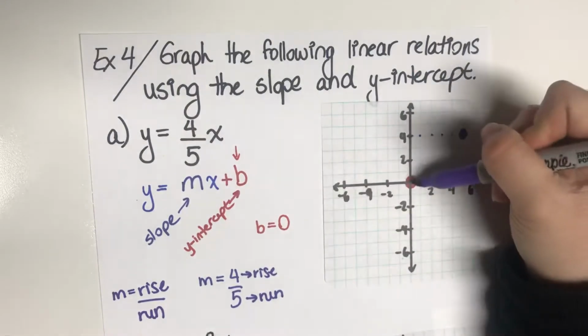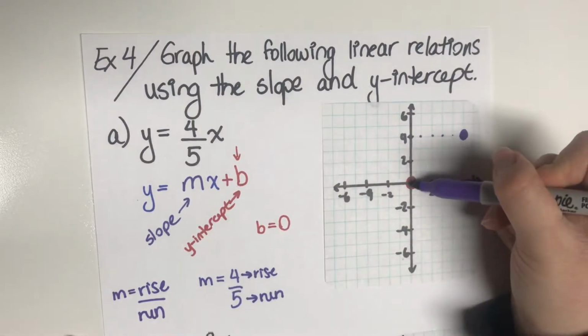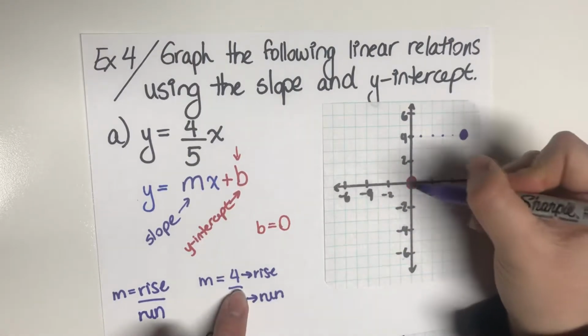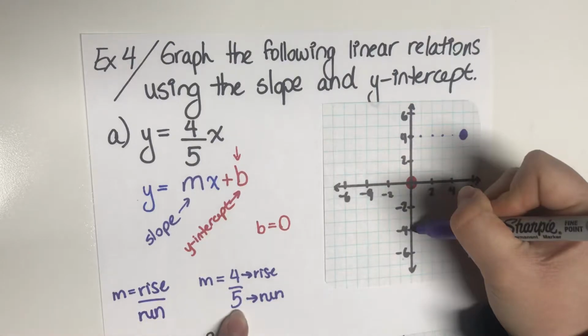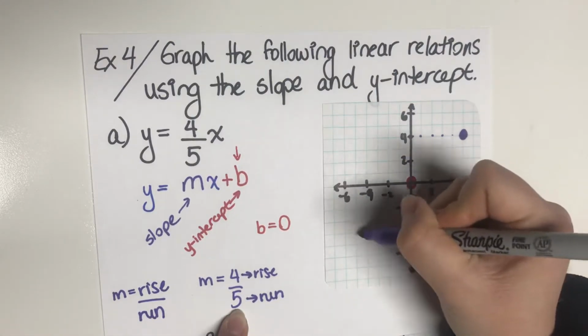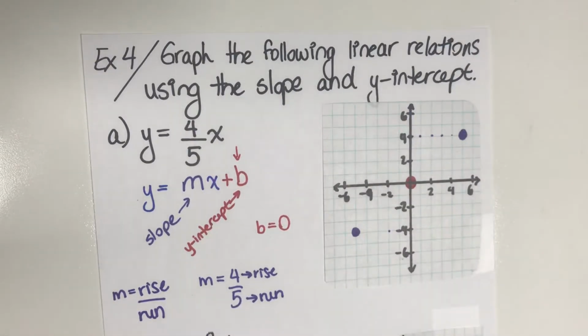Alternatively, instead of rising up and running right, I could have gone down and left. So instead, I could have gone down 4, 1, 2, 3, 4, and I could have gone left 5, 1, 2, 3, 4, 5. As you can see, it's part of the same line.